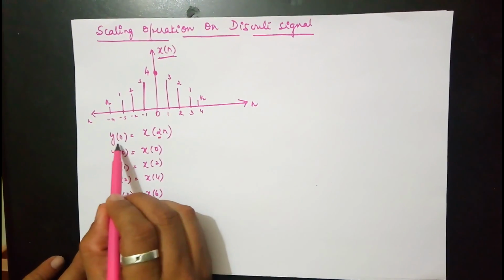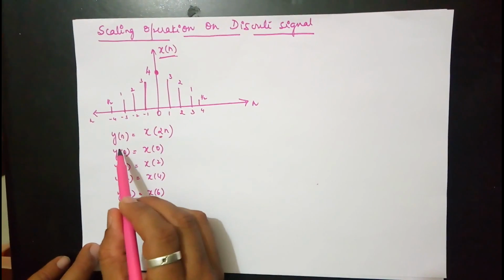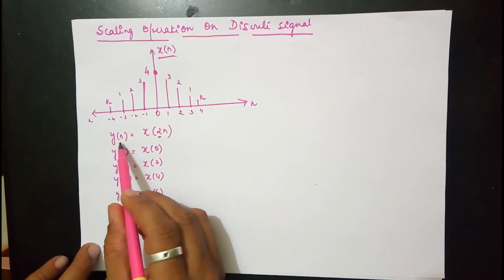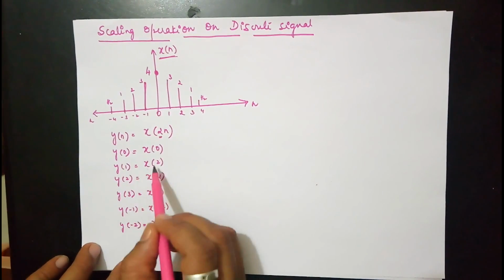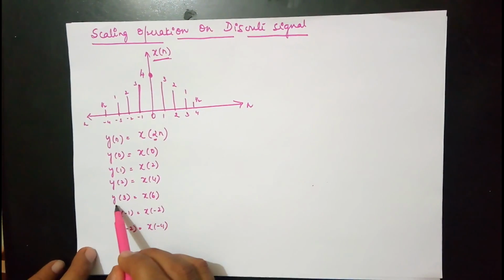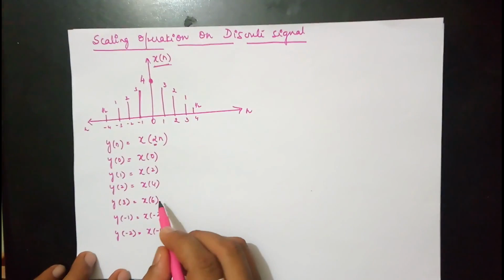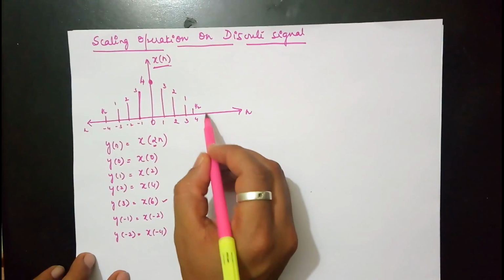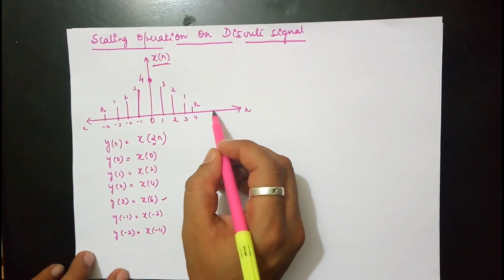Now if I take y of n to be the scaled version of x of n, that is x of 2n, and if I go on putting the values for n, y of 0 is equal to x of 0, y of 1 is equal to x of 2, y of 2 is equal to x of 4, y of 3 is equal to x of 6. Now I need not do this iteration because for x of 6 I don't have any sample at n is equal to 6.